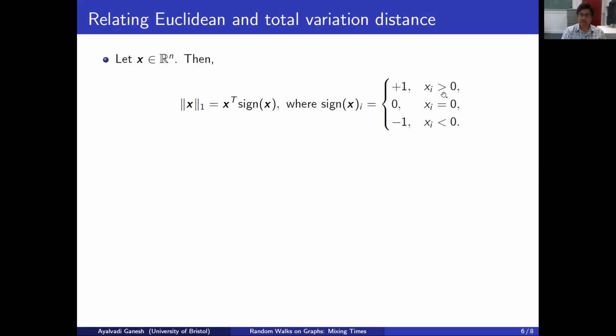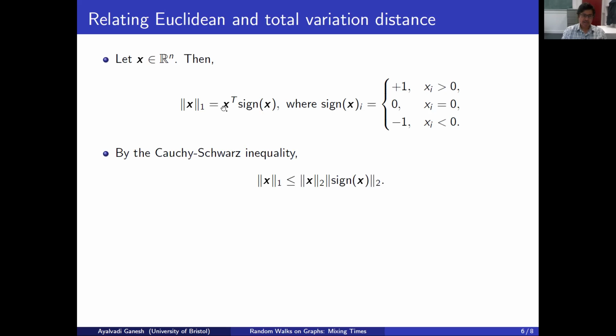So that's +1 if that element is positive, -1 if it's negative, and we take it to be 0 if it's 0. Just take a moment to convince yourselves that this is true, that multiplying an element by its sign gives the absolute value of the element. And so this is the sum of the absolute values of x_i. So that's the L1 norm.